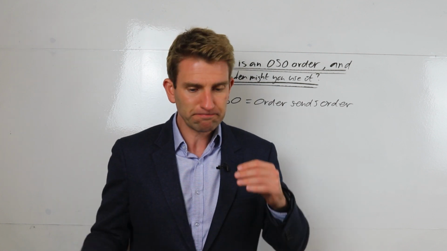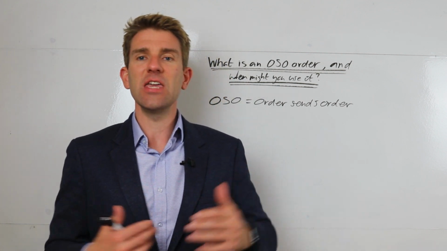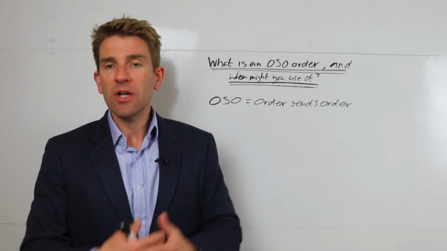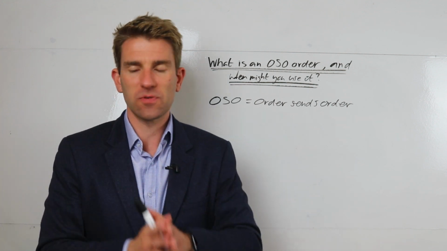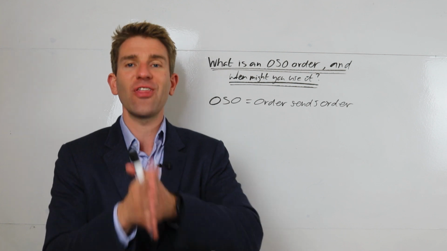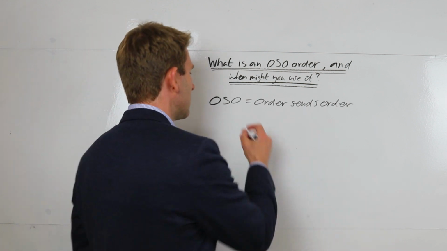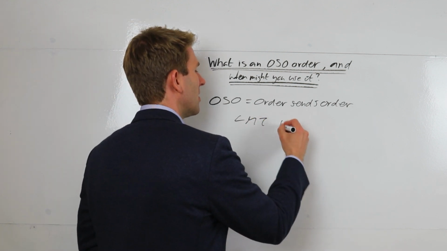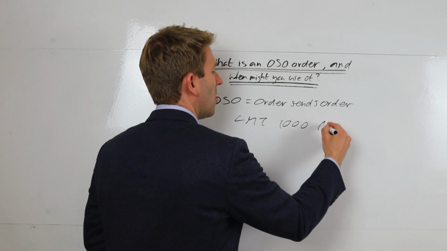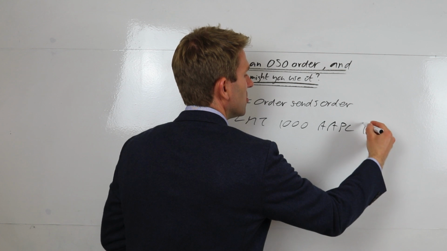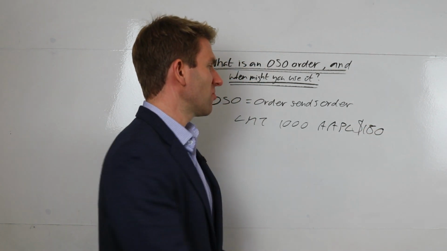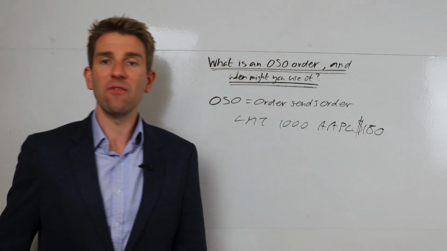So for example, let's say you're going long 20 contracts of a futures. In fact, you know what, let's use a stock as a great example. Let's say you're going long 1,000 shares of Apple, right? You've got a limit order in, it's 1,000 shares of Apple and it's priced at $180, for example, whatever Apple's trading at when you're watching this video. But it's irrelevant.